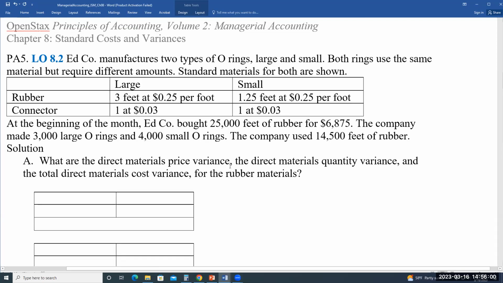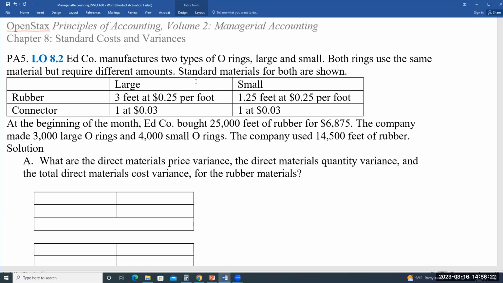All right, so this one we've got 2 products and 2 materials. The products are O-rings. Those are, I don't know if you've ever seen them, the little black rubber rings. They're circular and they're used in pipe fittings and things like that.